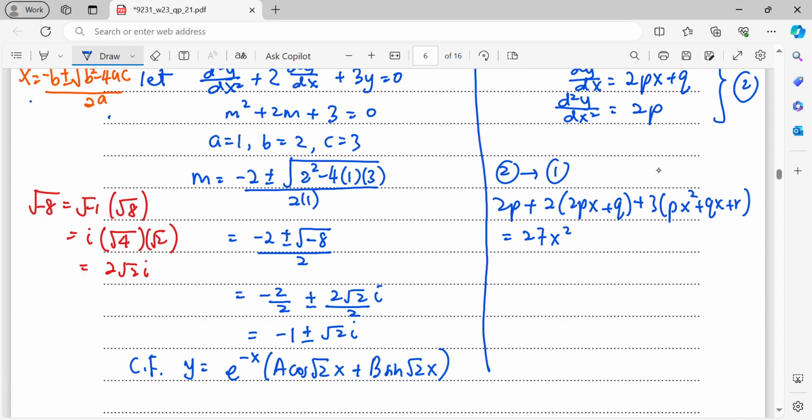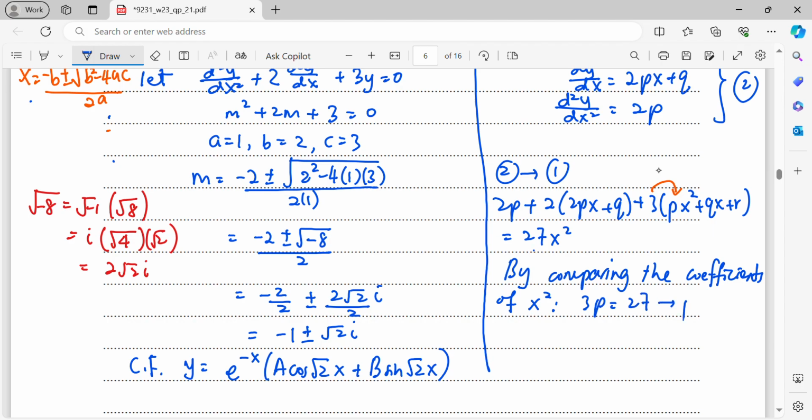So by comparing the coefficients of x squared, for the left hand side, the coefficient of x squared will be 3p. So I will write 3p equals the right side, 27. Hence my p is 27 over 3, which is 9.